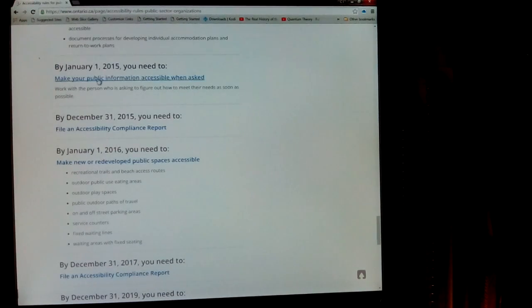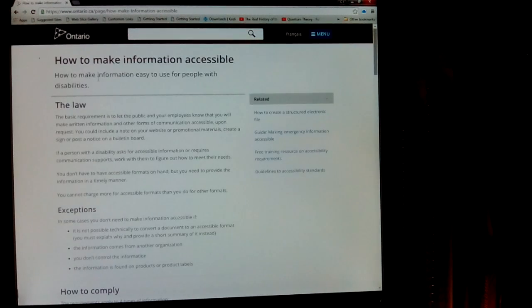So let's see what it says about make your public information accessible when asked. Here you go. This explains a lot.